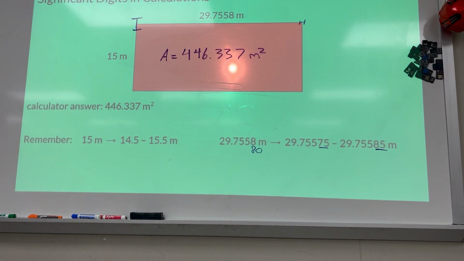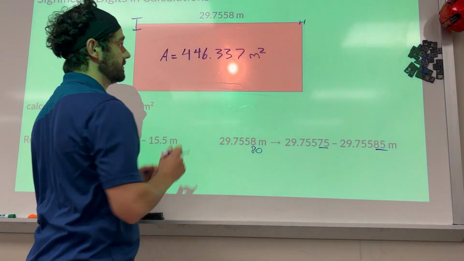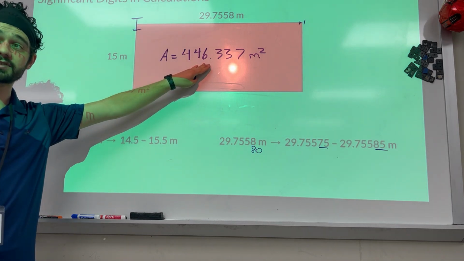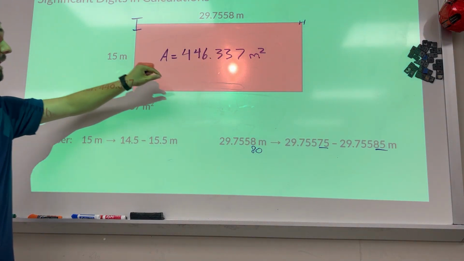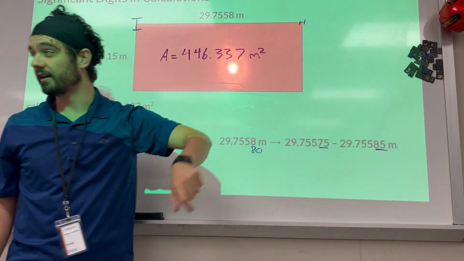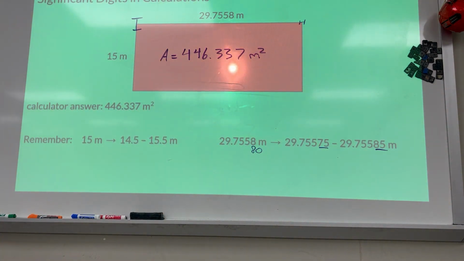Now, when I multiply these two numbers together, I get that number, but wouldn't there also be some uncertainty or some wiggle room in my result based on the wiggle room and uncertainty of my individual measurements? Yeah. So how do we account for that? That is a good question. Our area is going to also have some wiggle room.